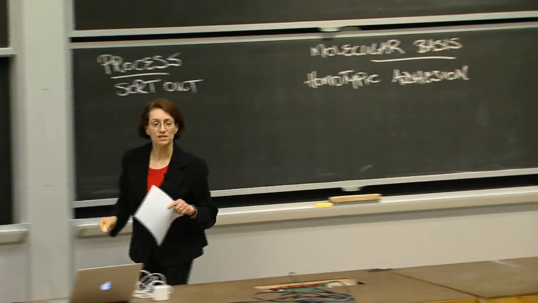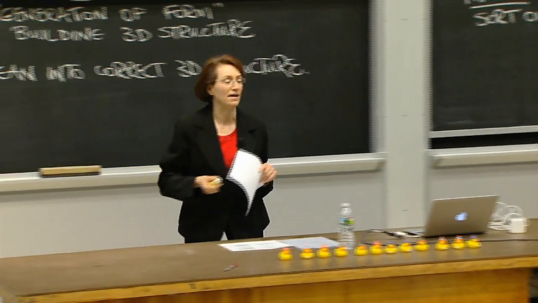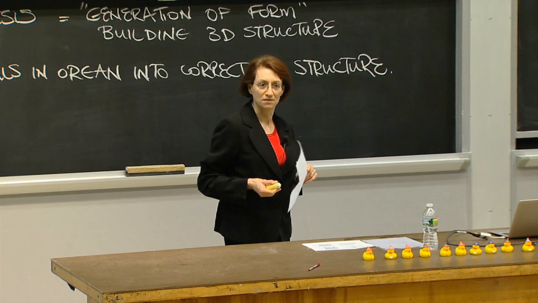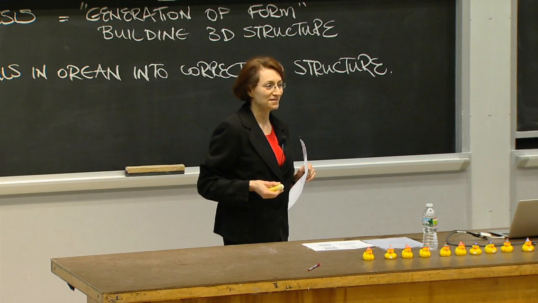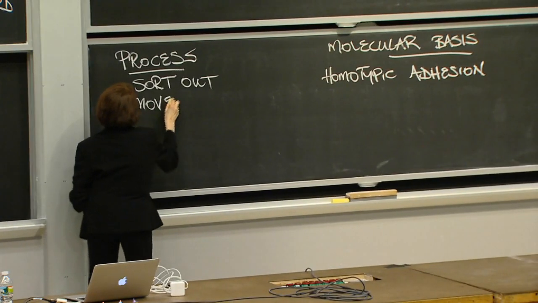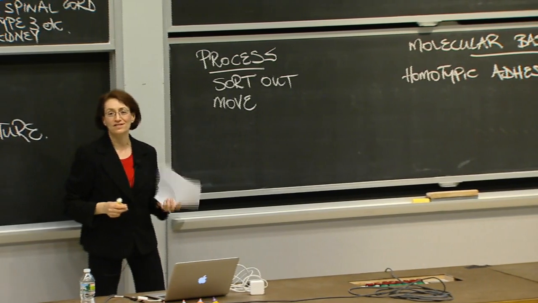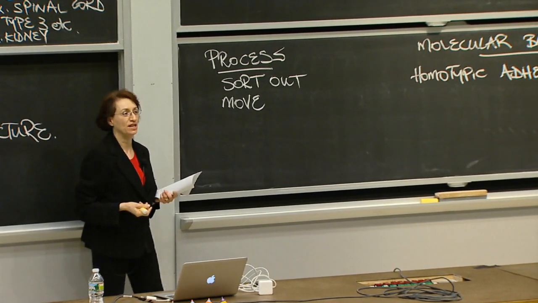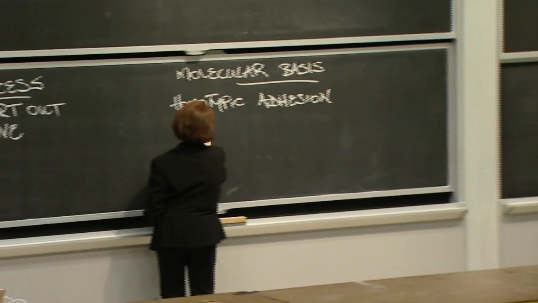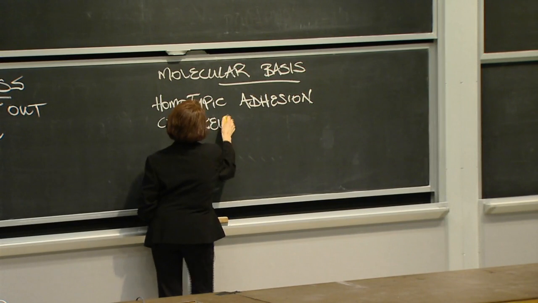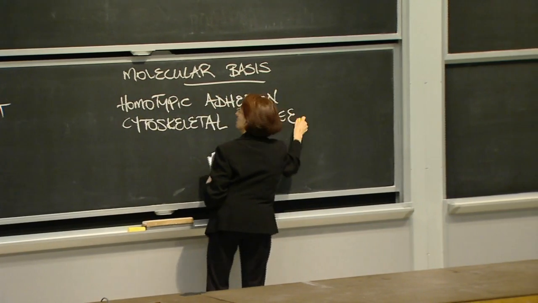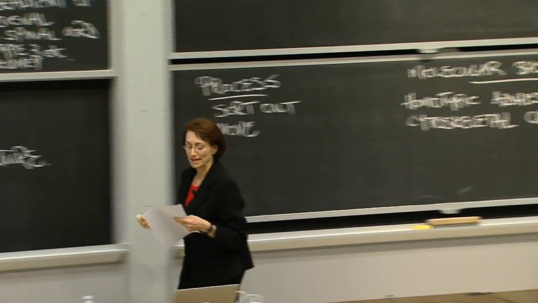But of course, in order to get the cells to sort out, they actually had to move. Yes? Say yes. Okay. And they moved because of their cytoskeleton, which was rearranging and changing and allowing them to do so. So the molecular basis for movement is cytoskeletal change or rearrangement.